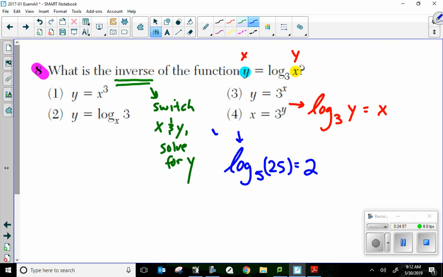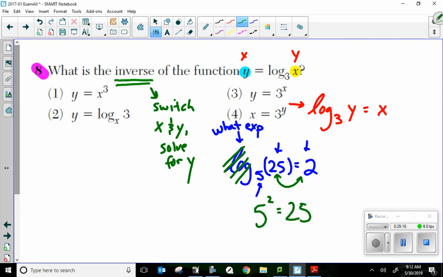Log is like saying what power or what exponent of 5 gives you 25? Well, 5 squared. Meaning, if I wanted to, I can drop this log, and I can take this value and switch this. And I can say 5 squared is 25. You see what I did there? I'm going to take that same logic and apply it here.